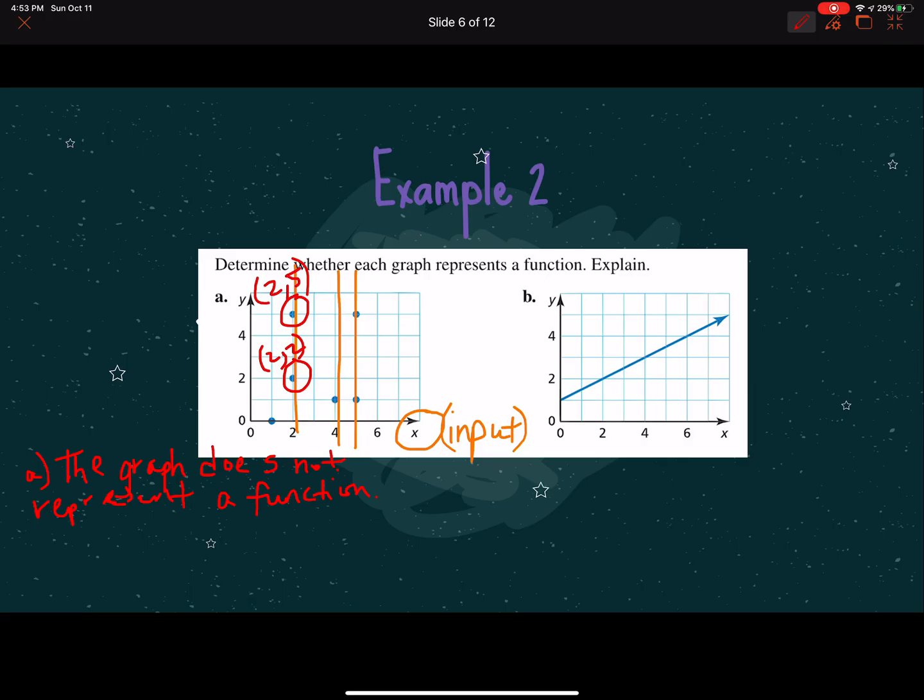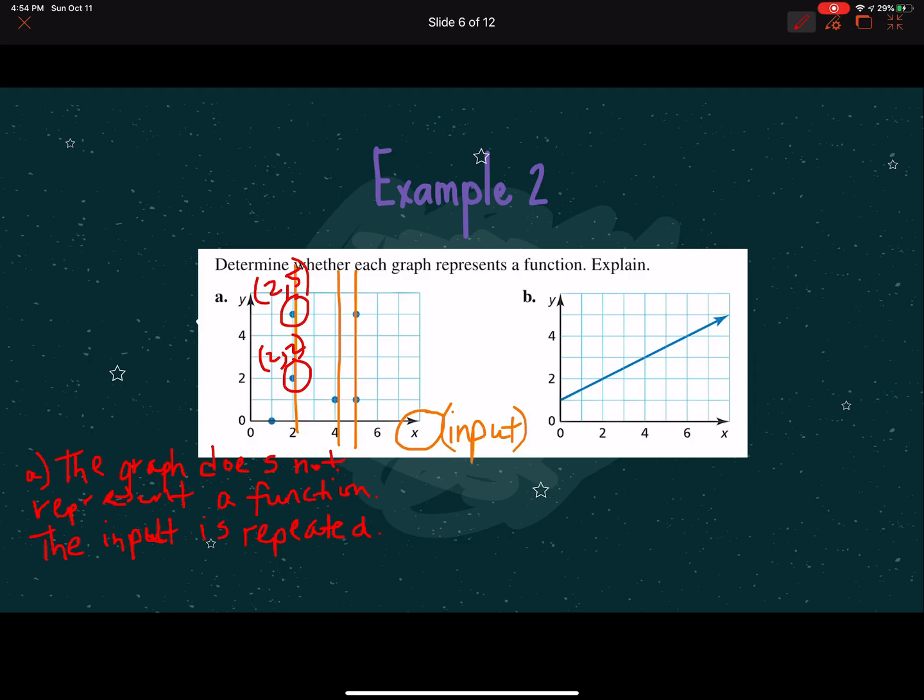The explanation is we could draw a vertical line through those coordinates, or we could also say the input is repeated. So that's another way to explain.